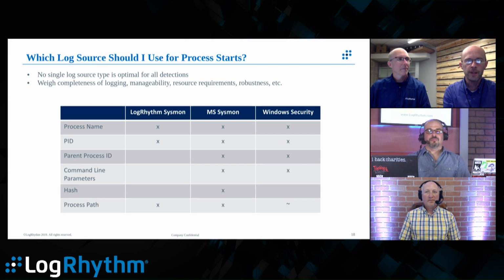You can see from this chart that in this case with process starts, Microsoft Sysmon shines the most because it's got the metadata, not only the process name and the PID, but also the parent process ID, the command line parameters, and the hash, which we lean on in a few of our rules, and the process path. For this certain event, Microsoft Sysmon really shines.